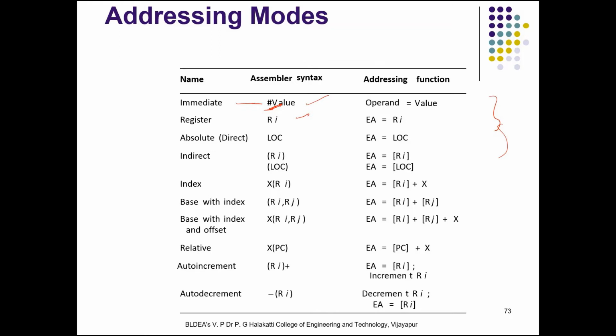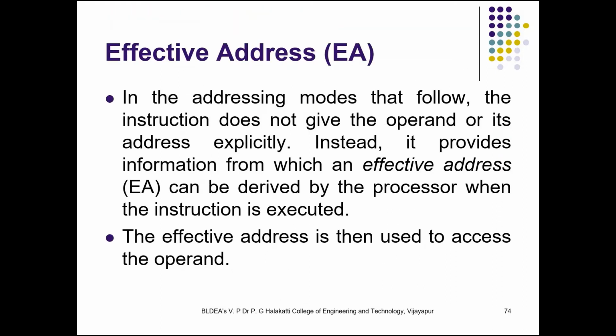This value can be changed as needed. If the value keeps on changing as needed, then I call it a variable. And if I want to say it is a constant value which will remain constant throughout the execution of the program, then I represent it by a hash symbol in front of it. Okay, so now we will discuss one by one how each of them works.